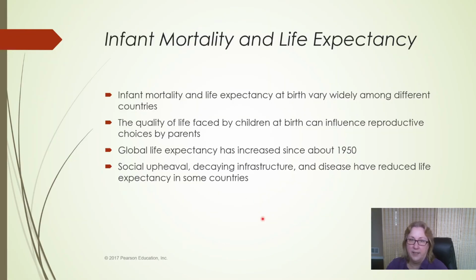Infant mortality has a big effect on life expectancy, because life expectancy is the average age of death. If you have very high infant mortality, if half of individuals are not surviving to age 5, that's going to bring down the average age of death a lot. So when you hear numbers like, during hunter-gatherer days the life expectancy was 35, that doesn't mean that nobody was around who was older than 35.